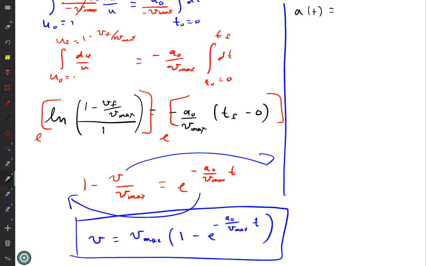I just take the derivative. So taking the derivative of this is going to be, okay, v max is a constant, so I'll ignore it. Derivative of 1 is 0, minus derivative of this is going to be bring down a minus a0 over v max.